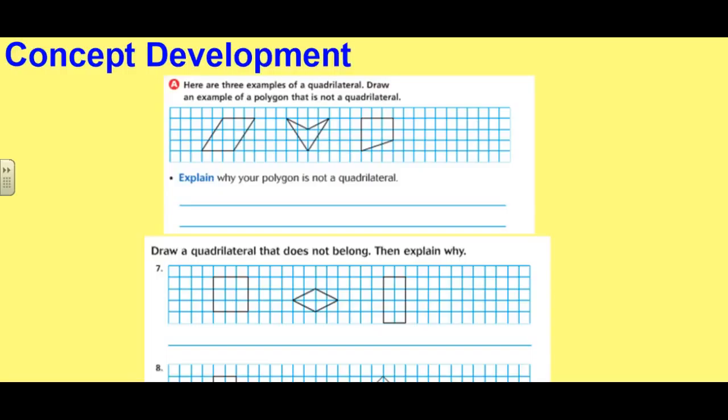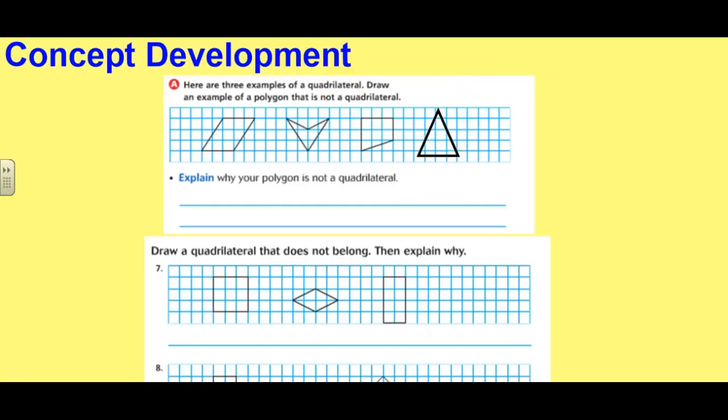So we know from the previous lesson that a quadrilateral has 4 sides. So anything that you draw that does not have 4 sides is not going to be a quadrilateral. So you could draw a rectangle, or not a rectangle, I'm sorry, a triangle. So what we're going to do here is draw a triangle.